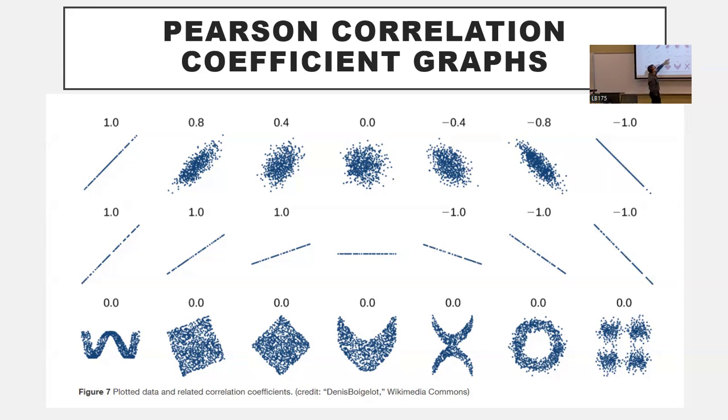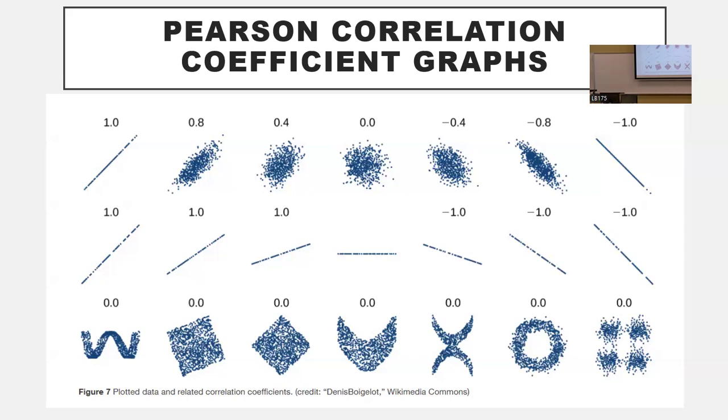You can see that when you get to 0.4 or 0.0 or negative 0.4, they look to be just a bunch of points scattered about. The negative 0.8 is basically just negative slope on that line. The negative 1 is just negative slope on that line.